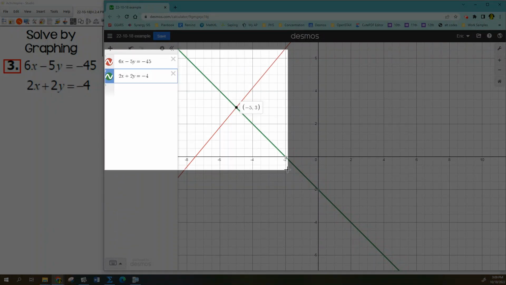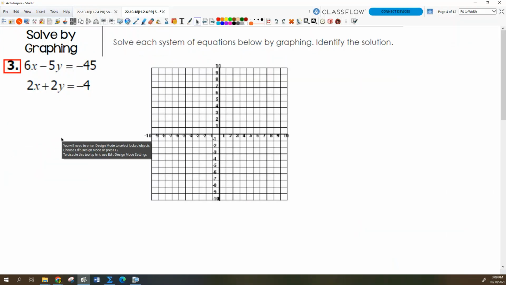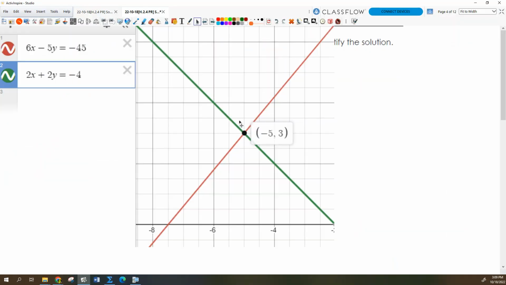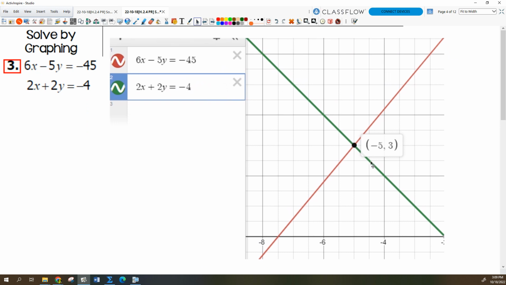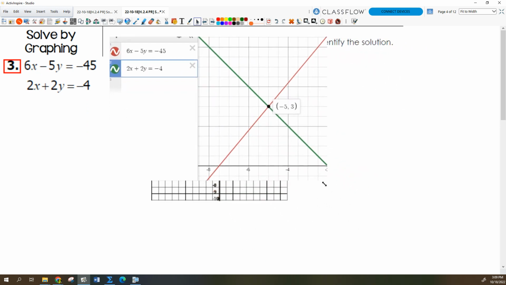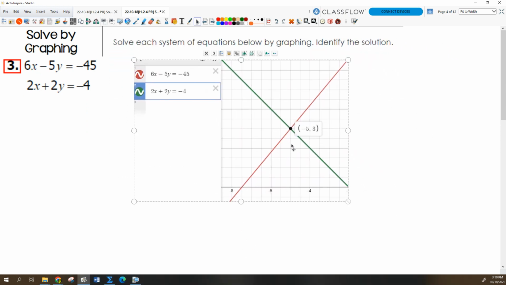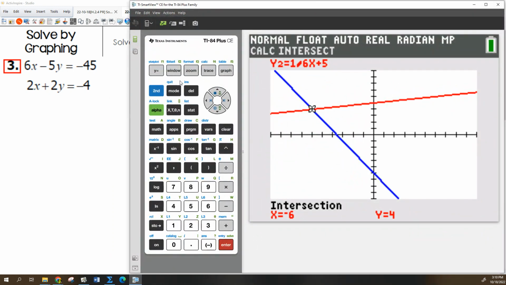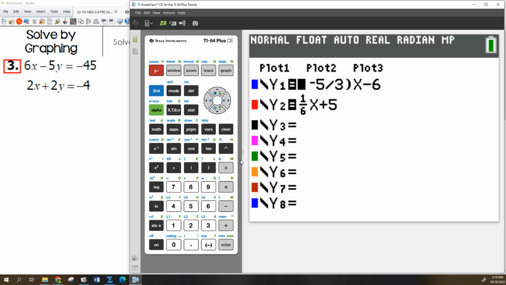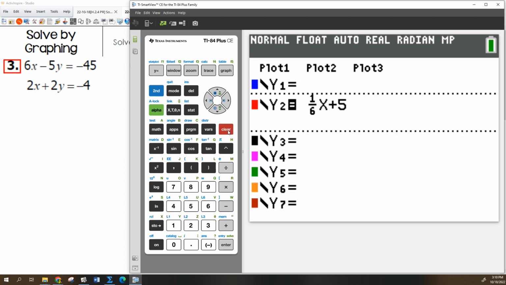Okay, it's a little tougher on the TI-84 to do this one. So I want to show you a trick. So if we go to the TI-84, go to y equals, and let's clear both of those lines.